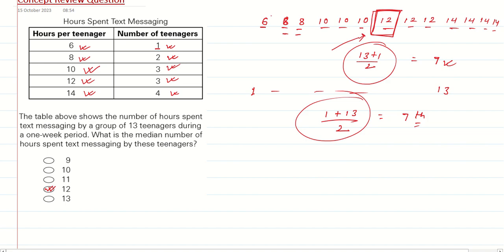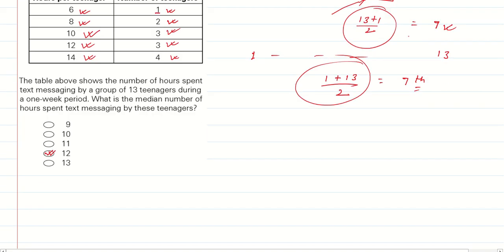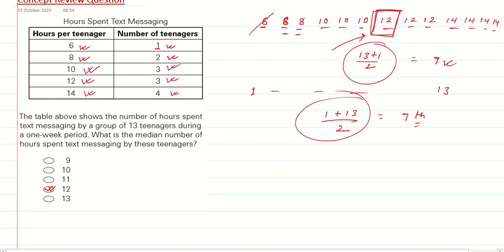Middlemost term means if you cancel the first and the last, second and second last, third and third last, fourth and fourth last, fifth and fifth last, so what is left out? 12. And that is my median. The answer is 12. Got it?